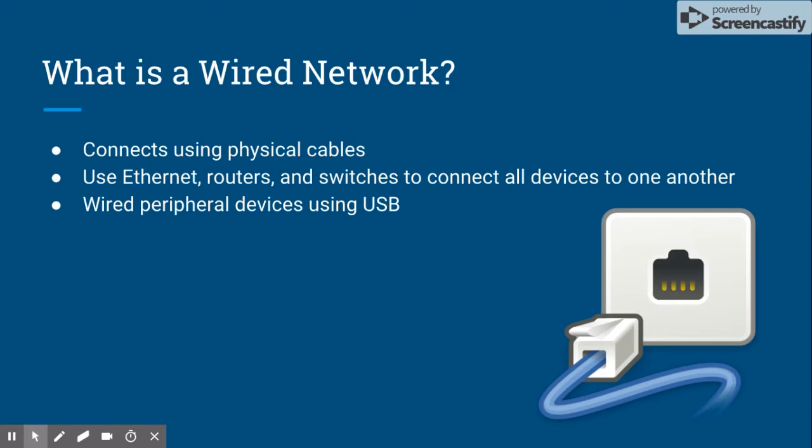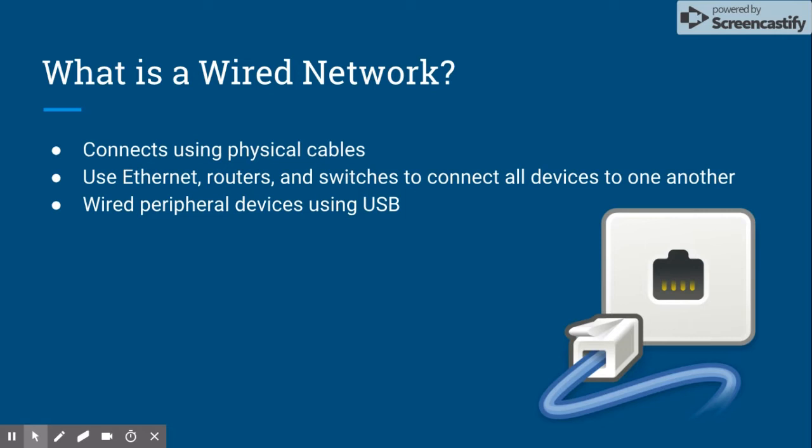From there, we have a wired network. So, what is a wired network? Wired networks do not connect wirelessly using radio waves like the wireless networks do. They are connected using physical cables. Cables are connecting each device to one another.